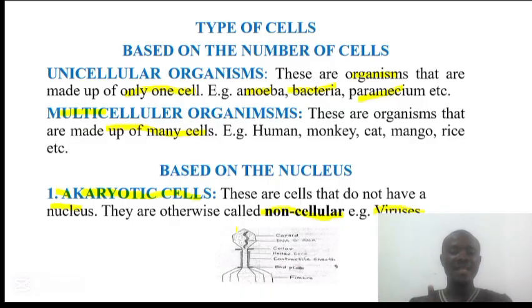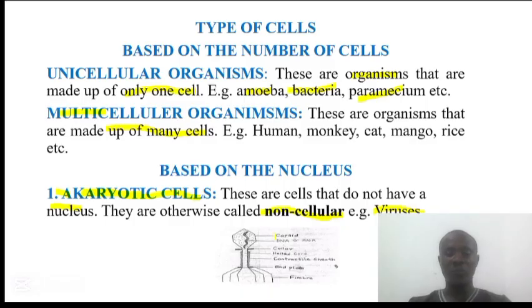So while the parasitic bacteria are causing disease to us, viruses are also causing disease to them. And this diagram here is a typical example of a bacteriophage.